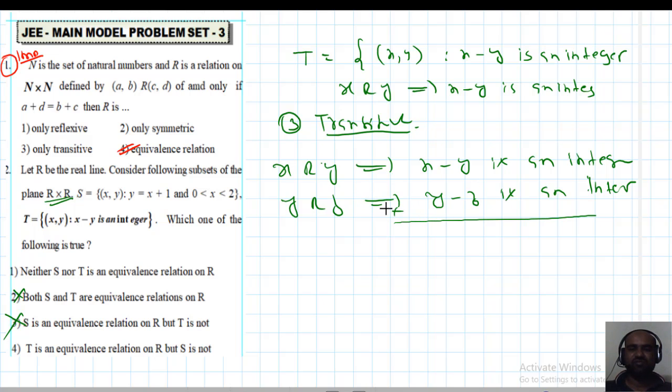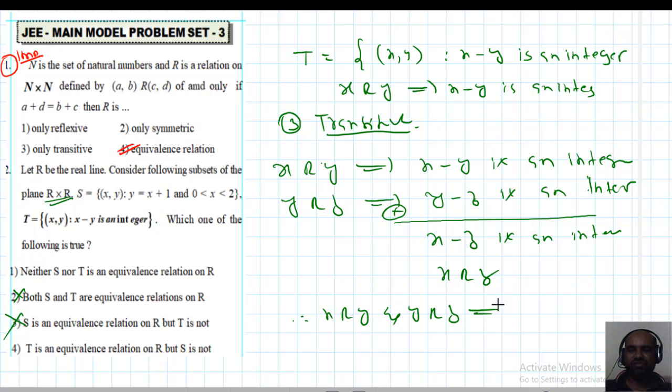So y gets cancelled, and we get x minus z, which is an integer. So x related to z: x related to y and y related to z gives x related to z. Therefore, T is transitive. Already T is reflexive and T is symmetric, and now T is transitive. Therefore, T is an equivalence relation. So I can go with the fourth option.